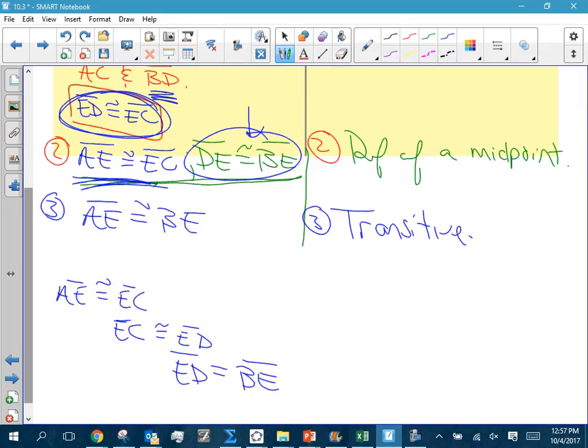You see the progression: this thing is the same as EC, but EC is the same thing as ED, but ED is the same thing as BE. So I can link those things together, and it's actually the transitive property twice, but it doesn't really matter how many times we use it in a row. That make sense? Okay.